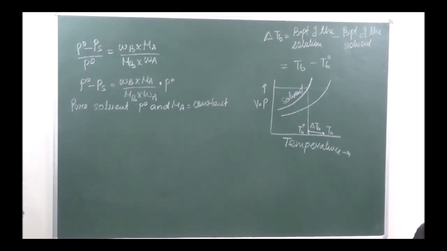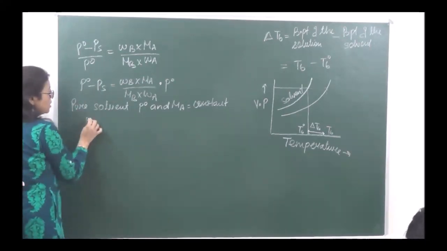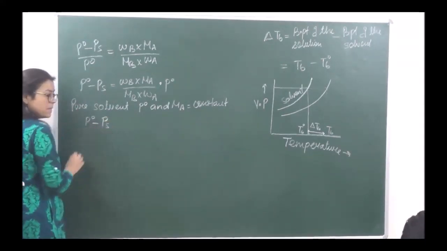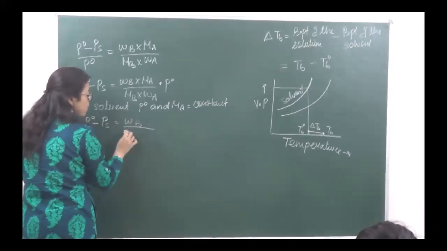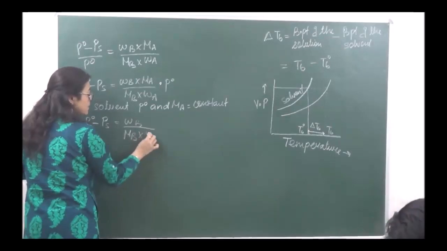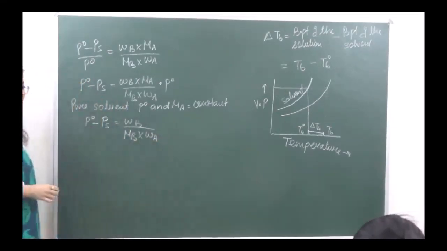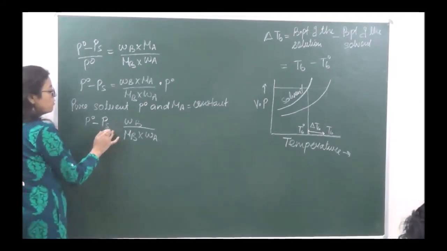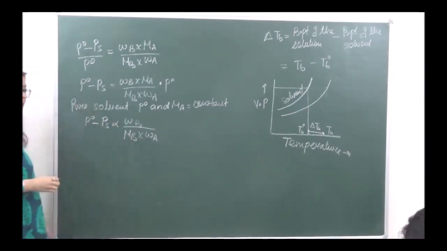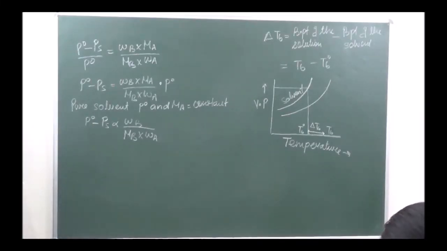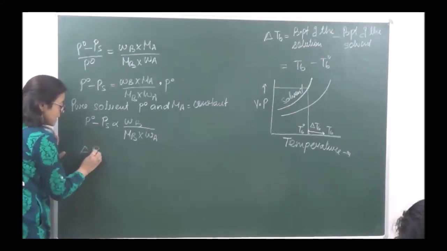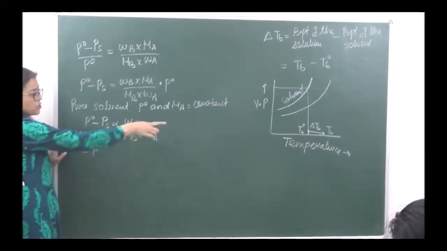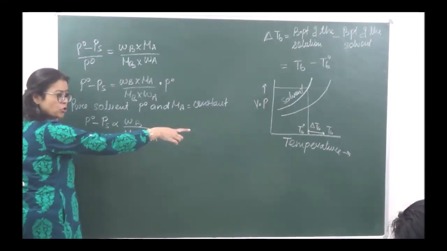So the above expression now becomes P naught minus Ps is equal to Wb upon Mb into Wa, if both are constant, or instead of putting an equal to sign, we can put a sign of proportionality. Okay, so P naught minus Ps is delta P, and the vapor pressure, we can see, is directly proportional to temperature.